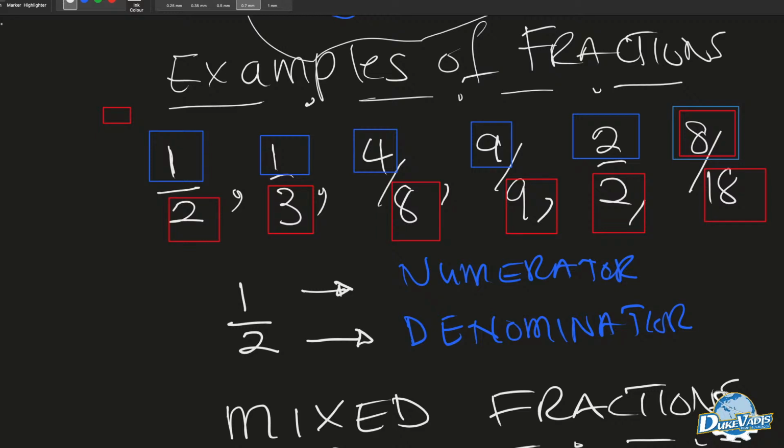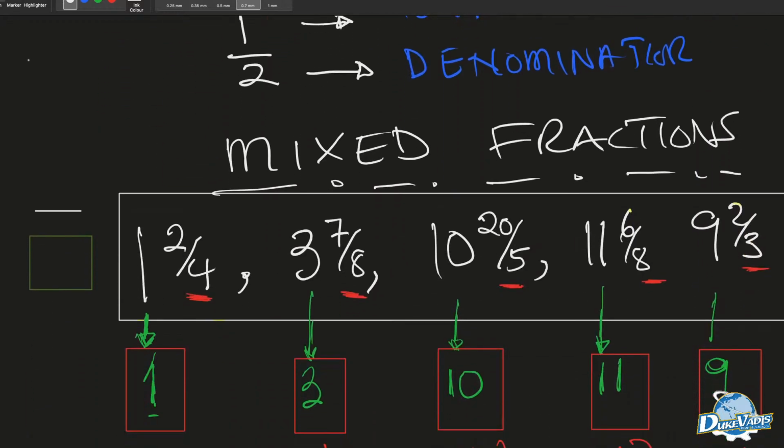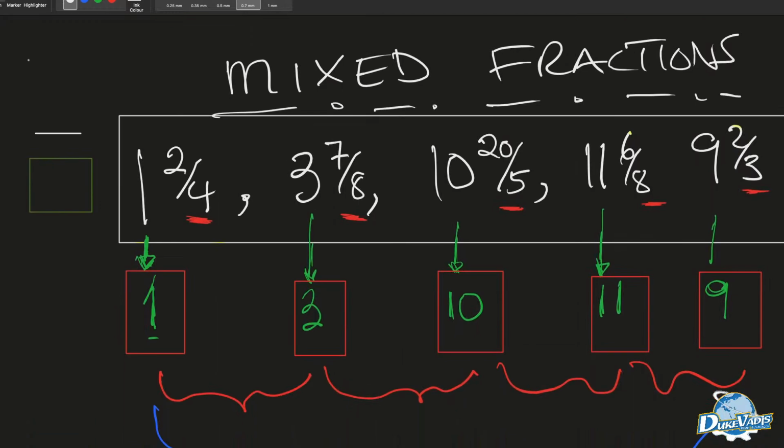So this is an example of a fraction, and we moved up and we said mixed fraction is another type. Why do we call them mixed fractions? Because we have 2 over 4 in the first number, which is mixed with a number 1. When we look at the 3 and 7 over 8, we see that 3 is mixed in with our fraction 7 over 8.